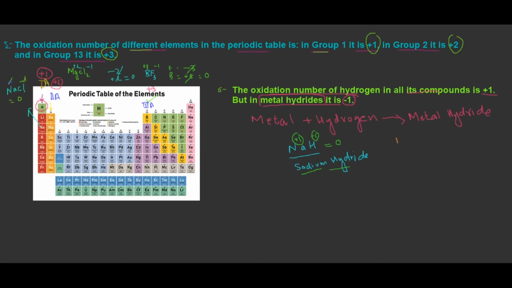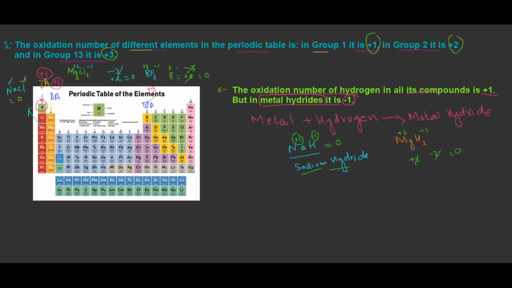We can take another example, that is magnesium hydride. Now in this case, magnesium belongs to group 2A, so it has +2 charge, and hydrogen has -1 charge. So 2 multiplied by -1 gives -2 for hydrogen and +2 for magnesium, so the algebraic sum is equal to 0.